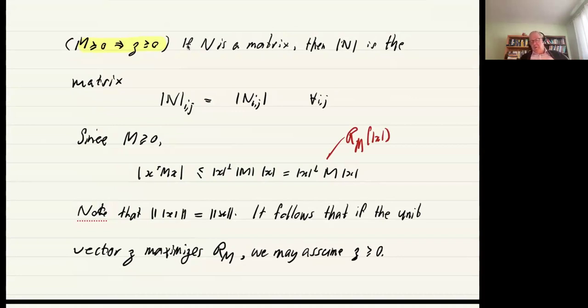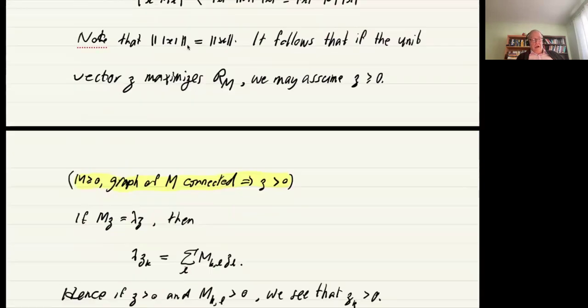So this tells me that if M is non-negative, then the eigenvector that maximizes the Rayleigh quotient is non-negative. And at this point, we also get that the eigenvalue is non-negative, since Mz is equal to lambda z, and M is non-negative and z is non-negative, so lambda must be non-negative.